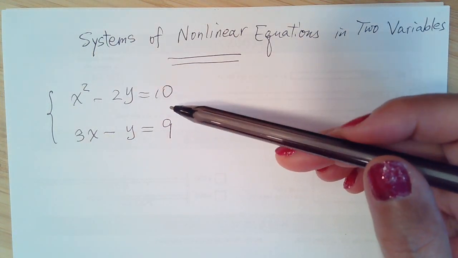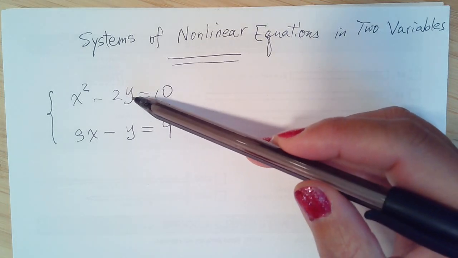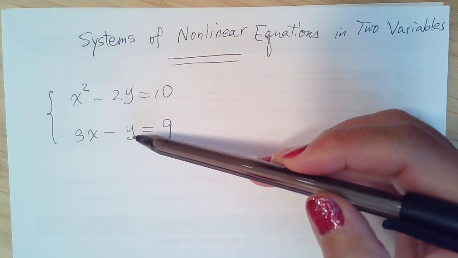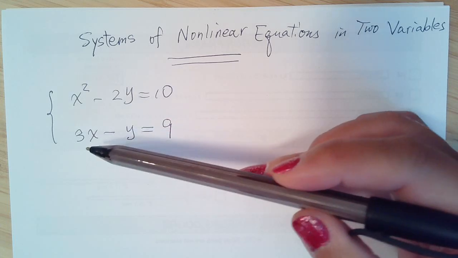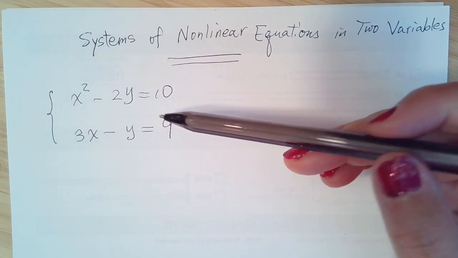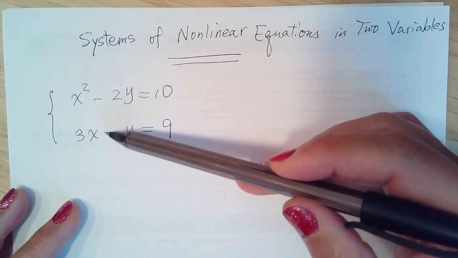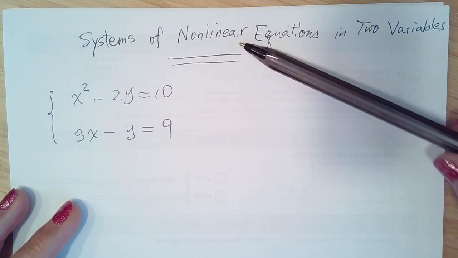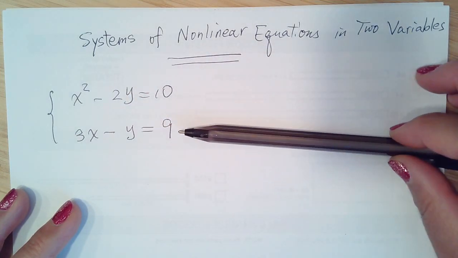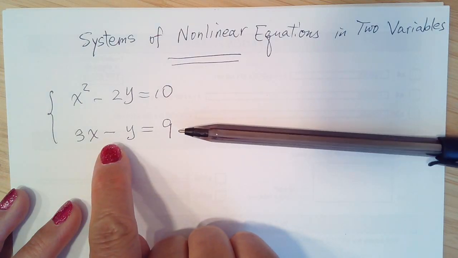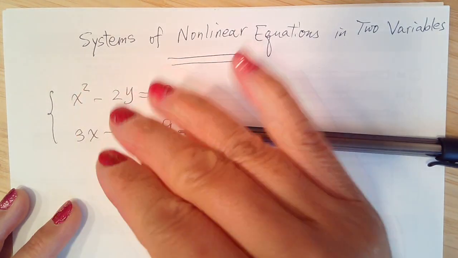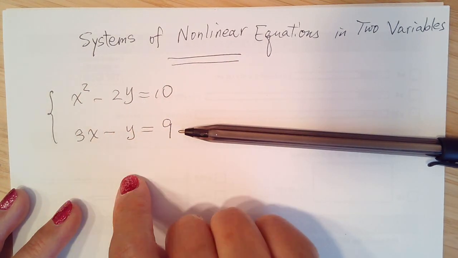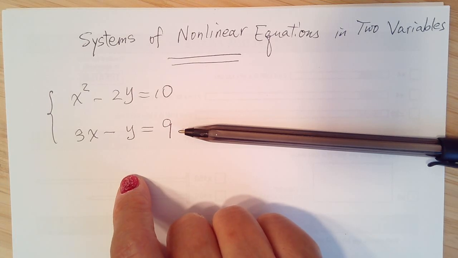Actually, here is just a single y, and here's a single y. It doesn't have the square term. And here's x, and here's x squared. However, if I multiply the bottom equation by -2, I'm going to have positive 2y, and then I can add to it. I will just get rid of the y.